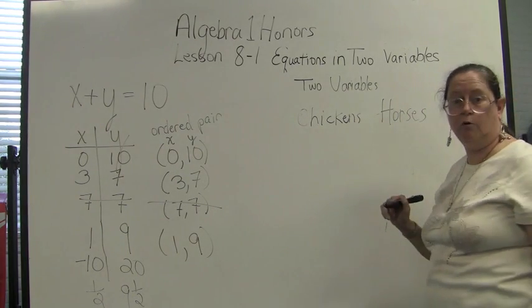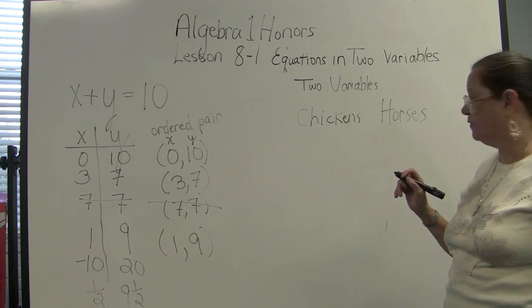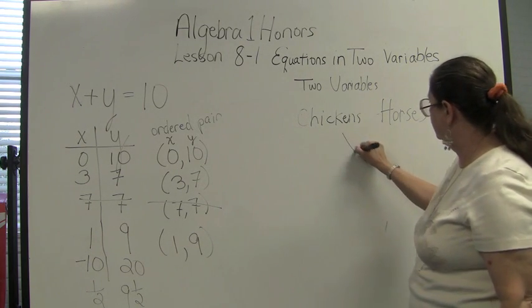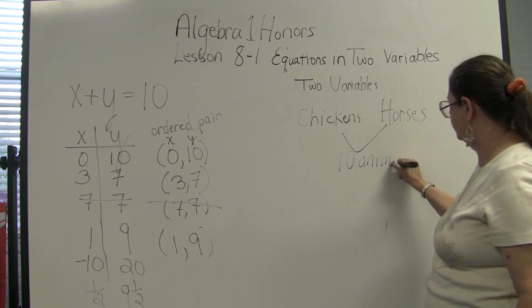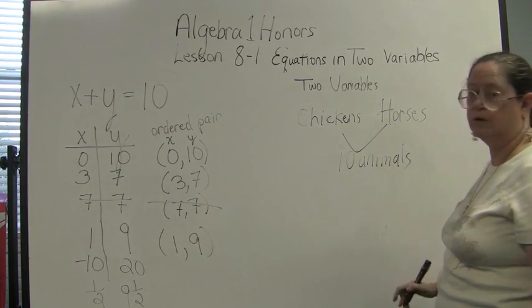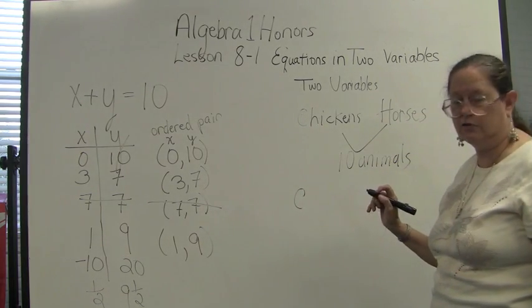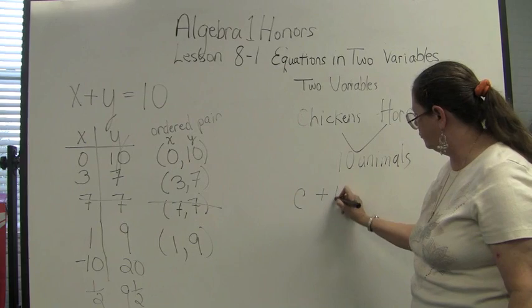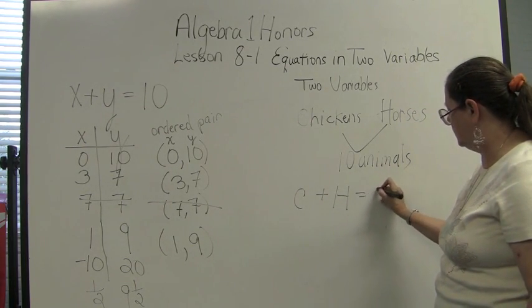Okay, and in total, only chickens and horses, when we add them all together, there are 10 animals. So that means if I use C to represent my number of chickens, plus H to represent my number of horses, C plus H is going to be 10.